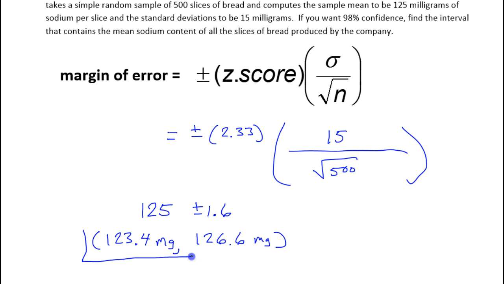So we wanted a 98% confidence interval, and here it is. We can be 98% sure that the actual average sodium content of all the slices of bread produced by the company is somewhere between these two numbers.